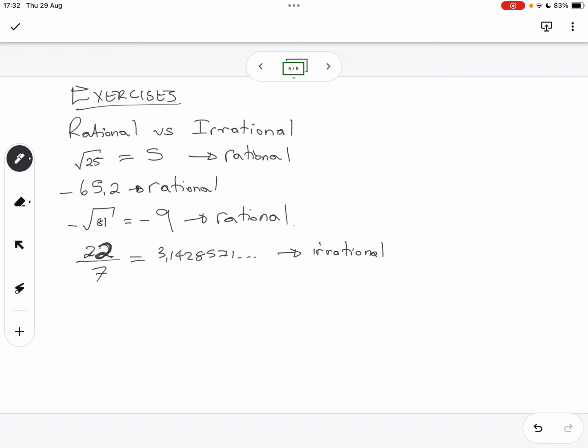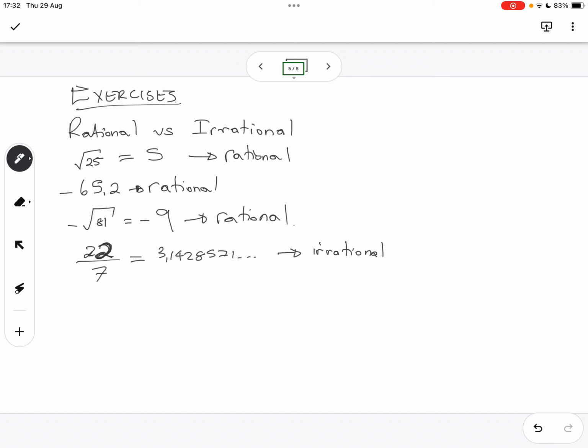This one, decimals, yes, but are they terminating? Yes, they are terminating. Are they recurring? Well, since they're terminating, they're not recurring. So the best way would be rational. Yeah. So that's the best way.